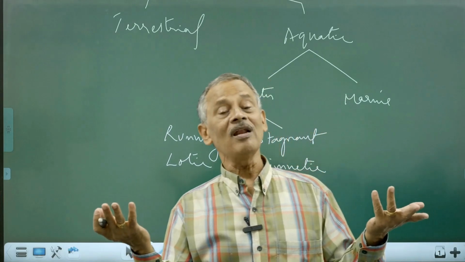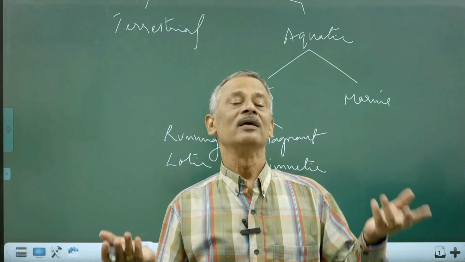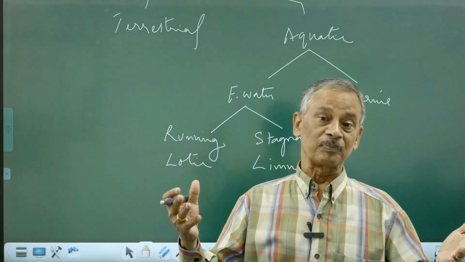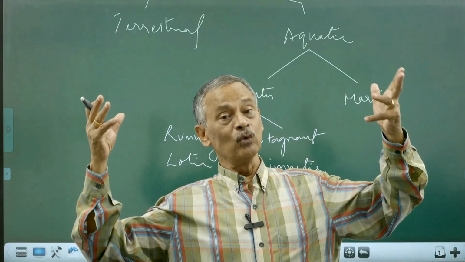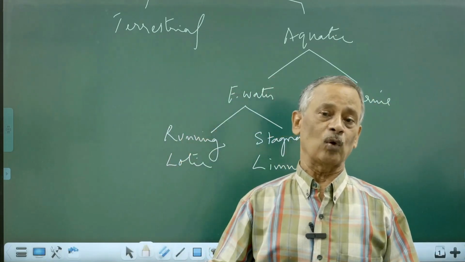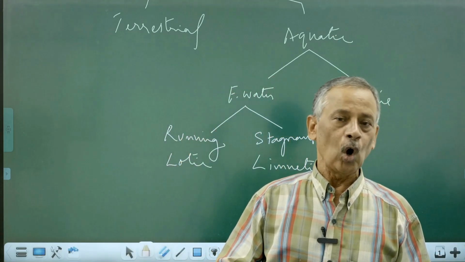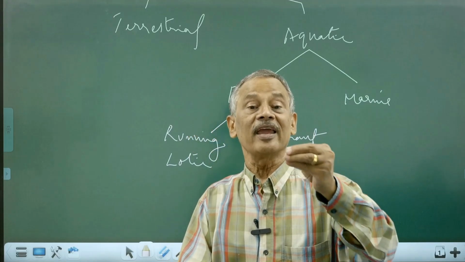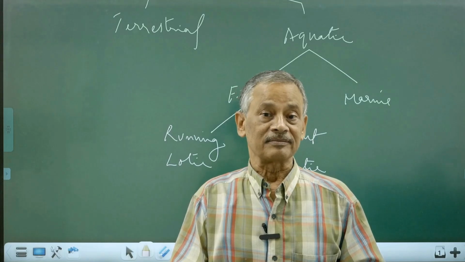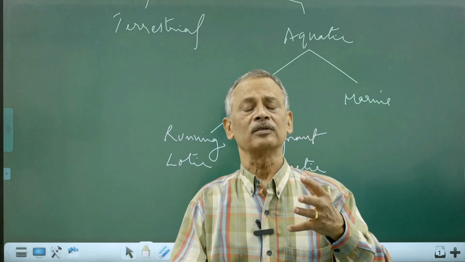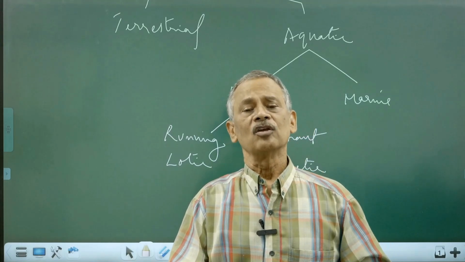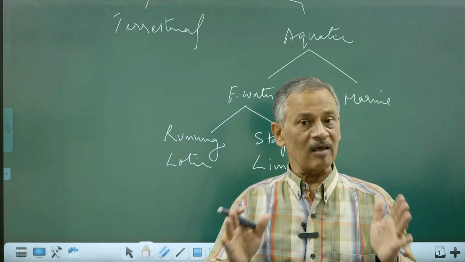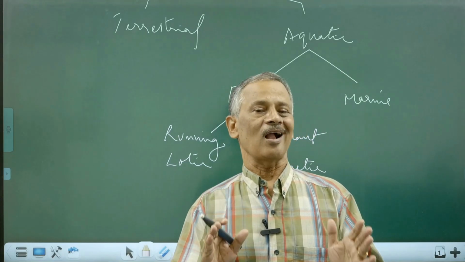So these are all man-made. Okay. Again, they may be classified based upon their size. It may be a very huge ecosystem as a case of an ocean, or it may be a very small one like a garden or a lotus pond or a small aquarium. So we can classify ecosystems accordingly.